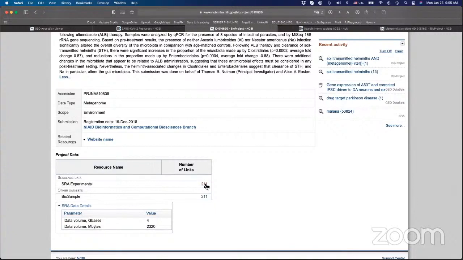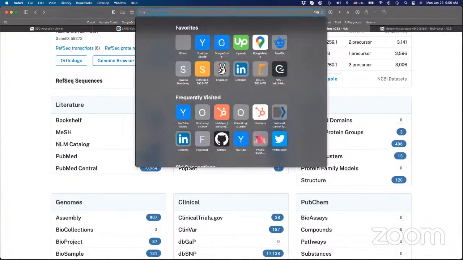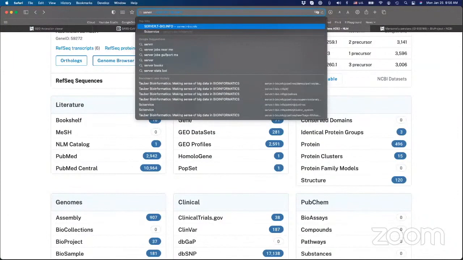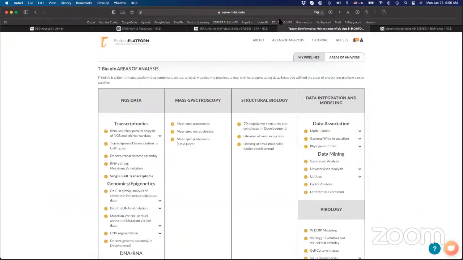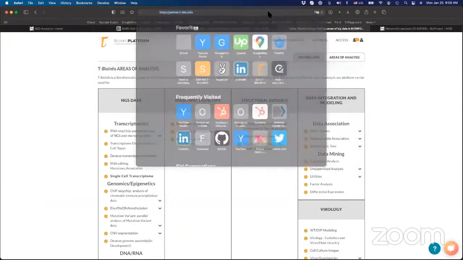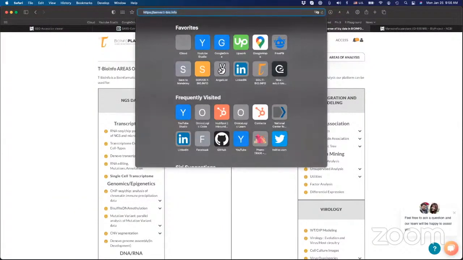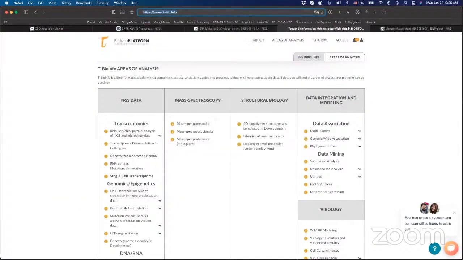To process these samples, you actually don't have to download the data to your computer. In the context of our program, we're going to provide you with access to our server platform. That is a big data platform. So please go with me to server.t-bio.info and we'll take a look at the second data set.